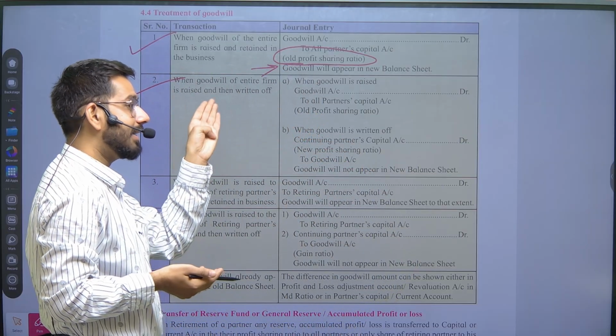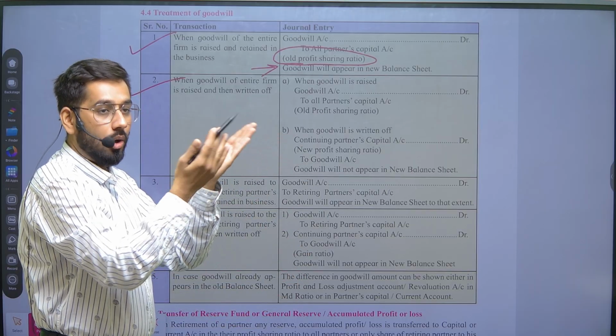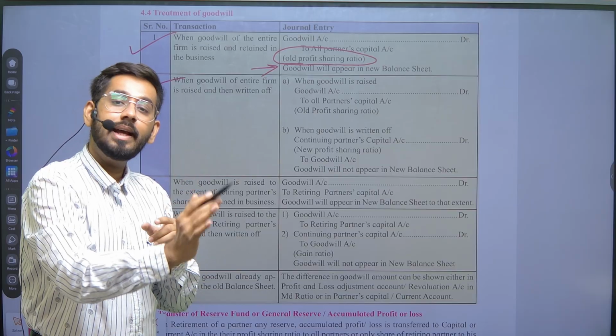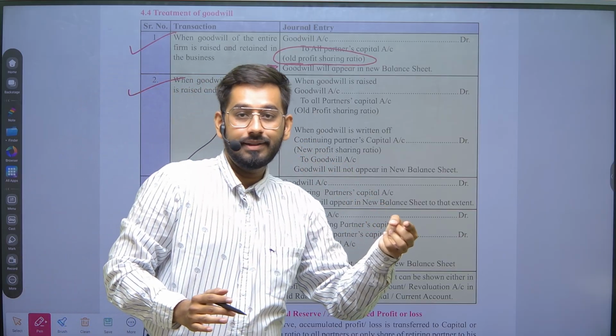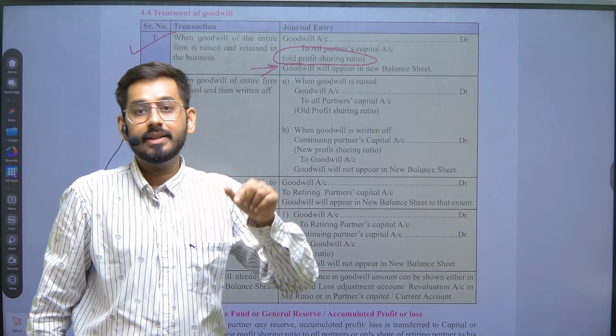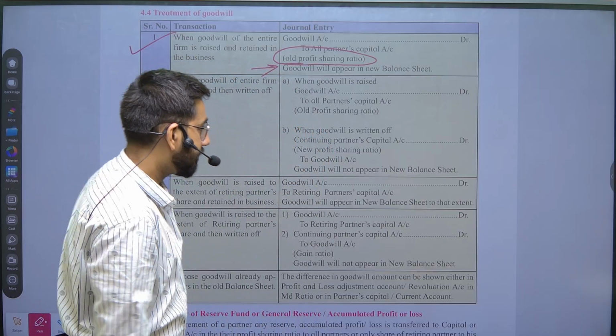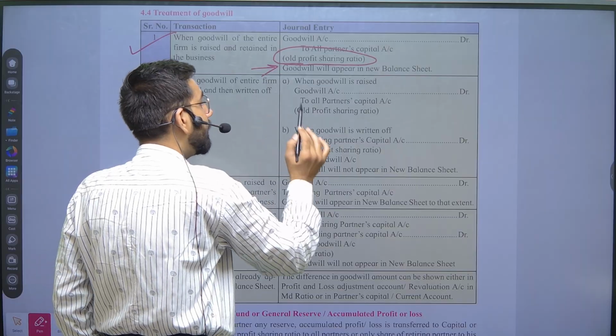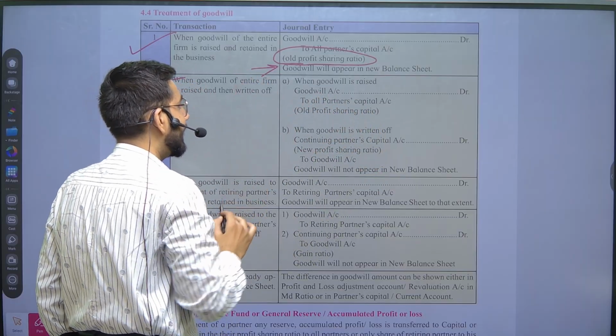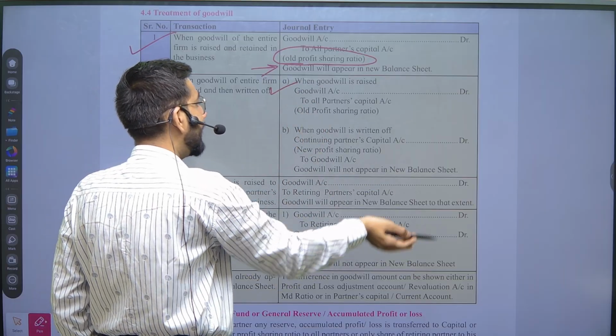First, all partners will raise the goodwill. And then continuing partners depreciate the goodwill after the retirement of one partner. So there will be 2 journal entries passed in this case. First of all, goodwill is raised.